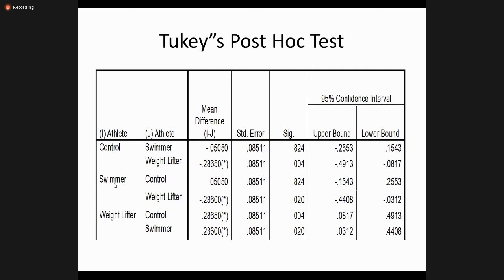Again, the swimmer when compared with the weightlifter, there is a significant score which is less than 0.05. So always look at which score is less than 0.05. So in this case, control has a lot of difference with the weightlifter, and the swimmer also has a difference at 0.05.